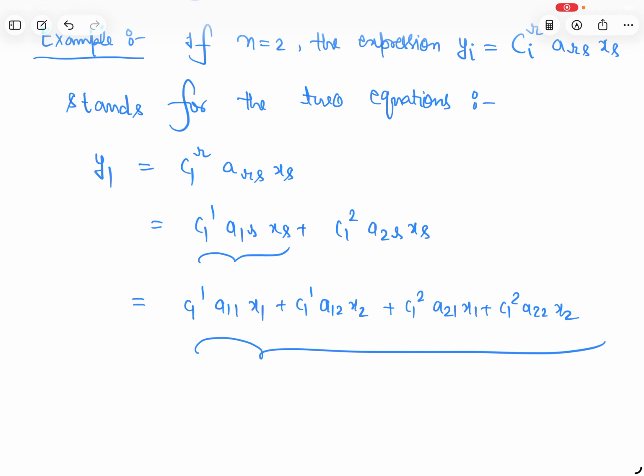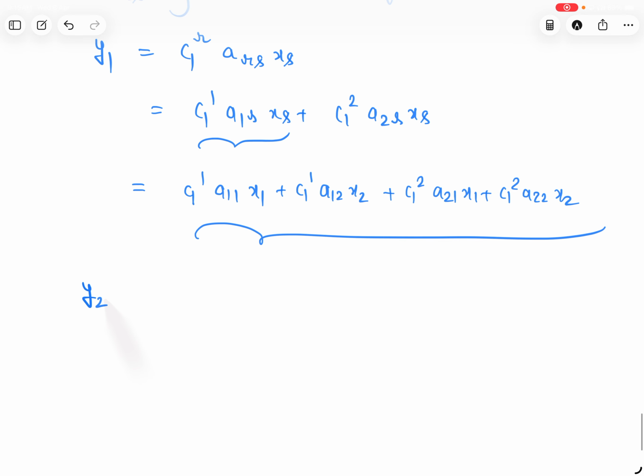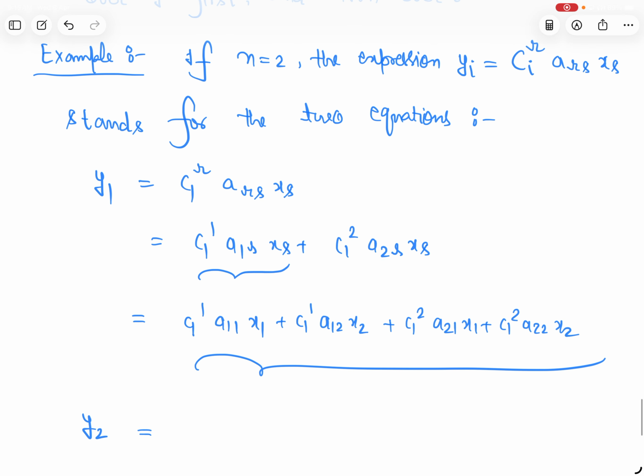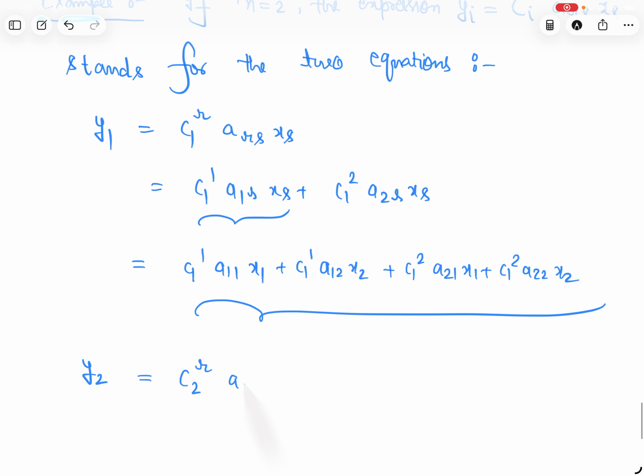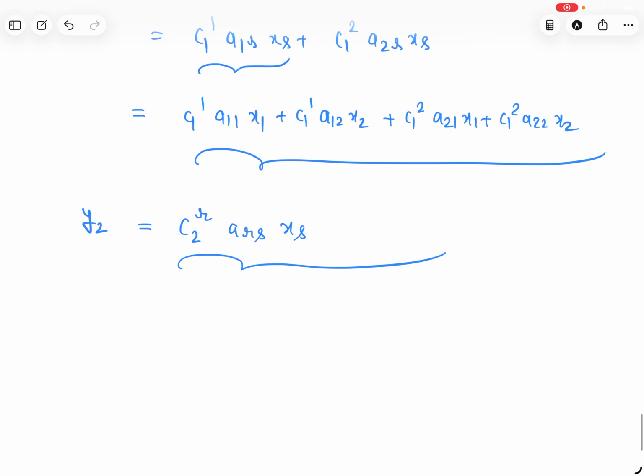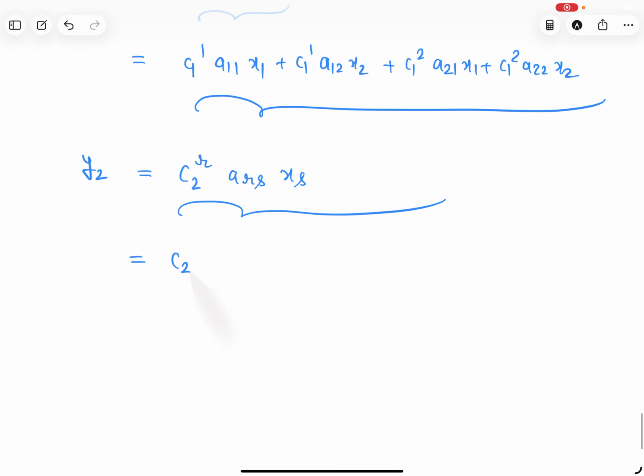Now what is the y2 value? In place of i you put 2: C2r Ars xs. I am taking summation over r first: C21 A1s xs plus C22 A2s xs.